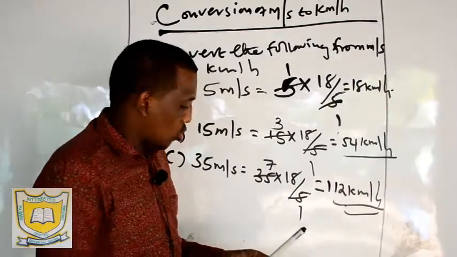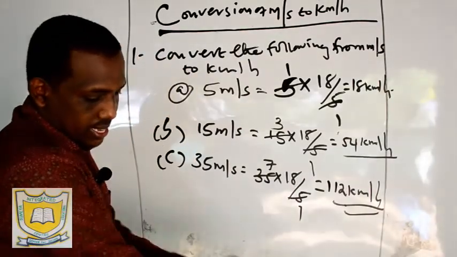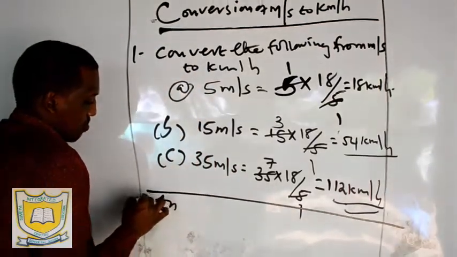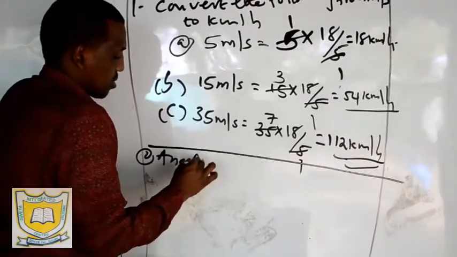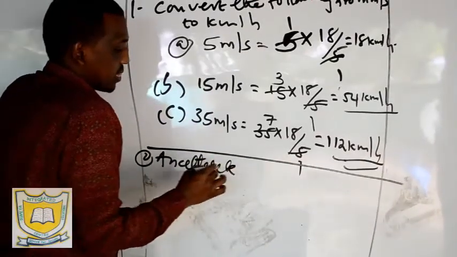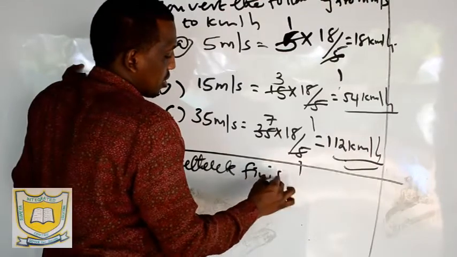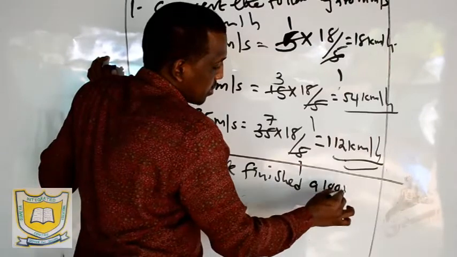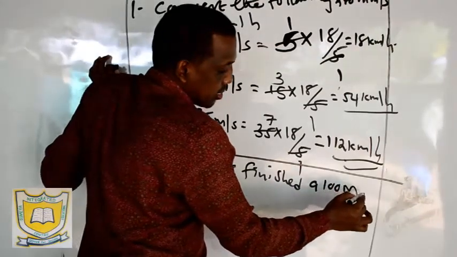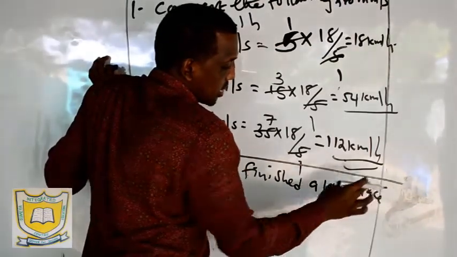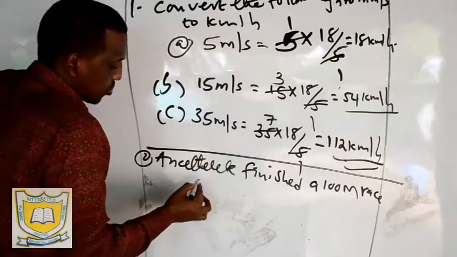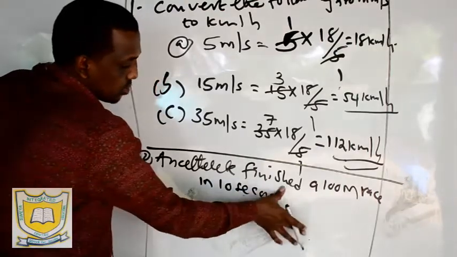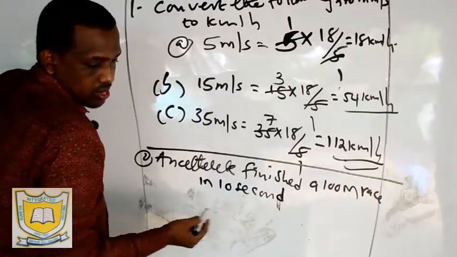Here, in number 2, you are told another athlete finished a 100 meter race in 10 seconds.